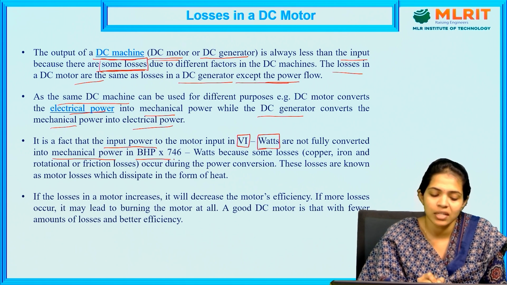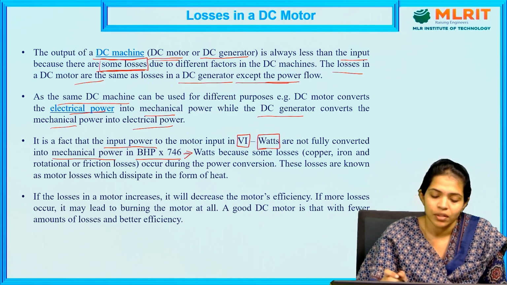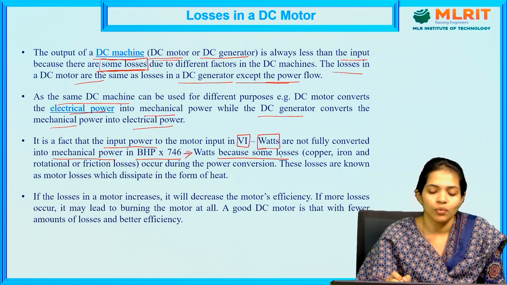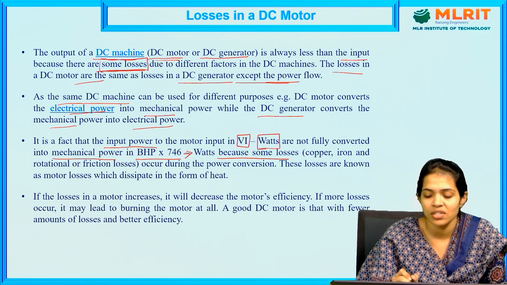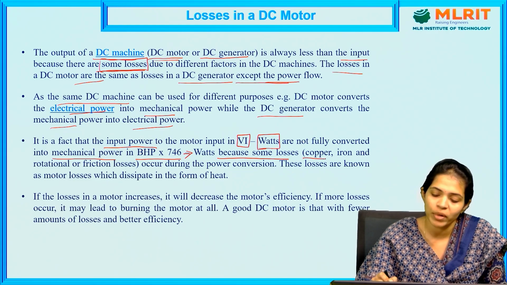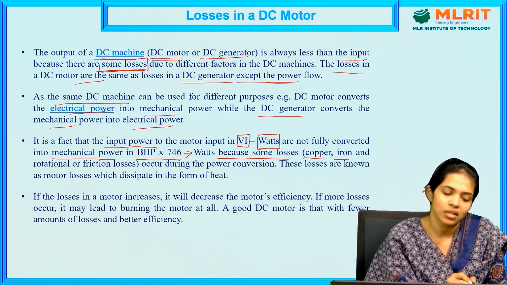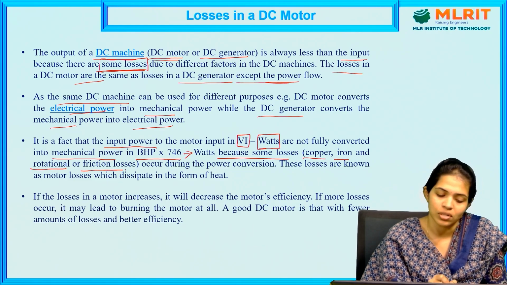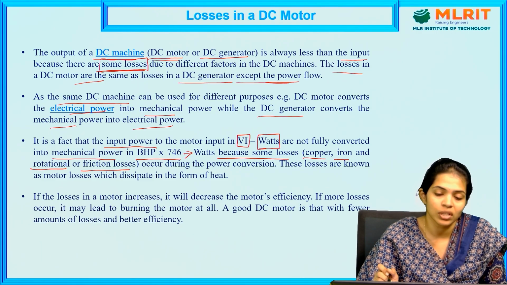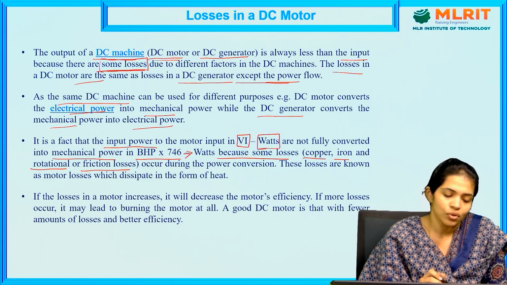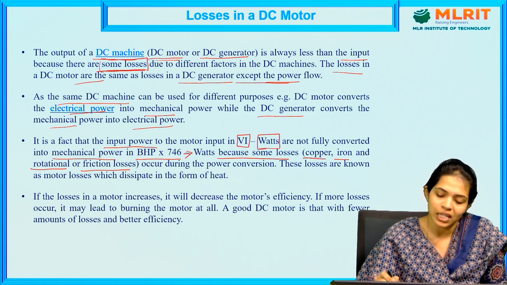The output is horsepower multiplied by 746, again in terms of watts. The various kinds of losses we come across in the DC motor are copper losses, iron losses, and rotational or frictional losses. These are the three main kinds of losses in a DC motor, which we are going to discuss in detail.